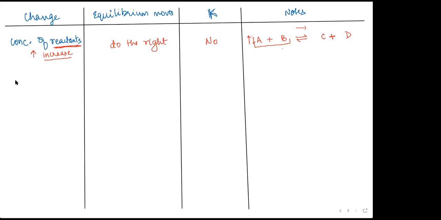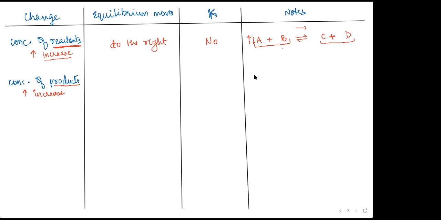Next, similarly, let's say we increase the concentration of the products. This time I'm focusing on the products. I have increased the concentration of the products. Then what will happen to the equilibrium? Will it shift to the right or will it shift to the left?